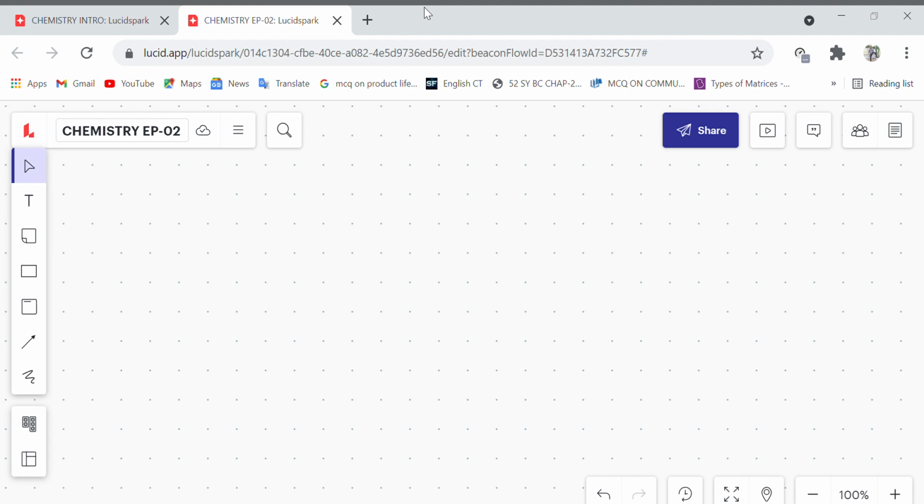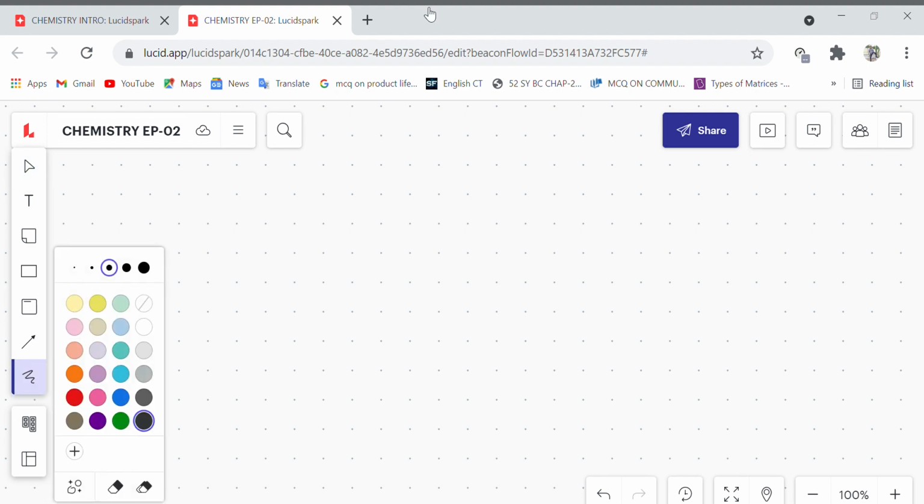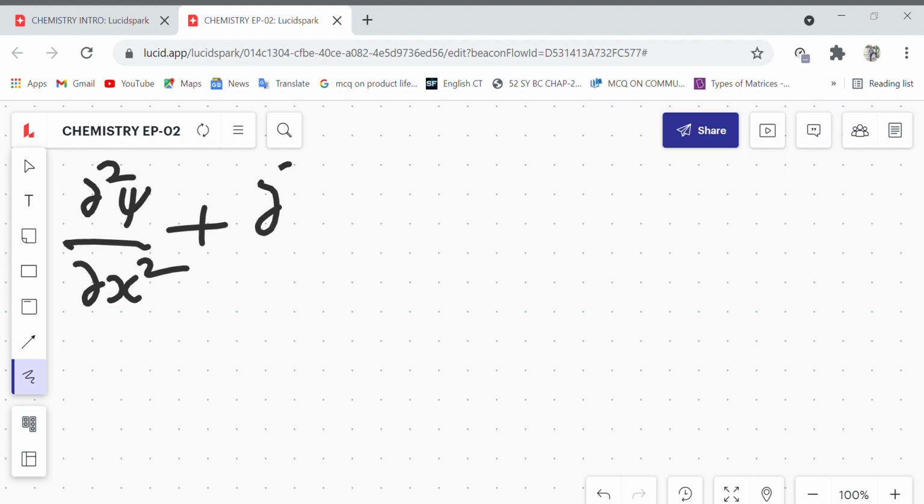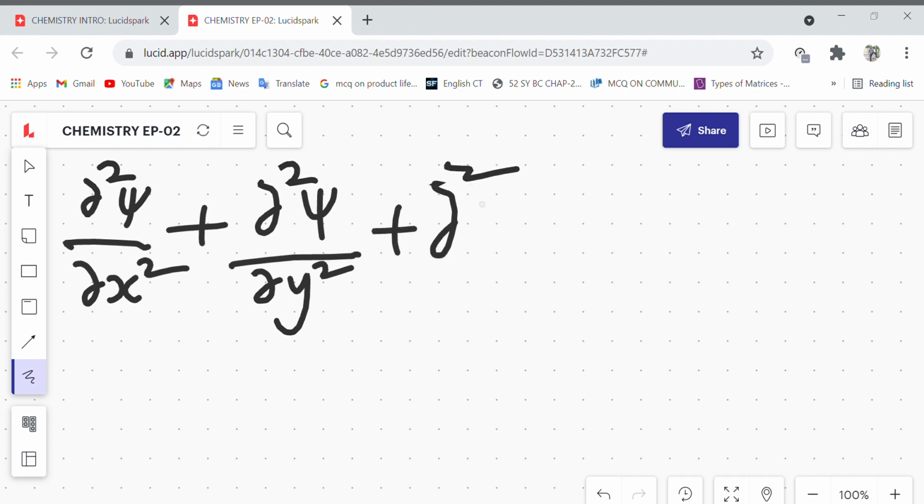So what we studied last class was this equation: d square psi by dx square plus d square psi by dy square plus d square psi by dz square. It's not d, actually it's dou, but while writing I'm pronouncing it as d.